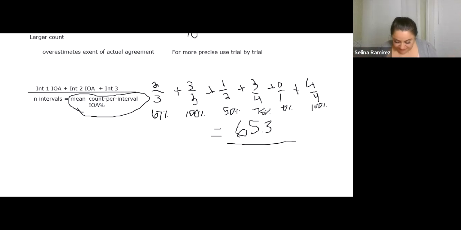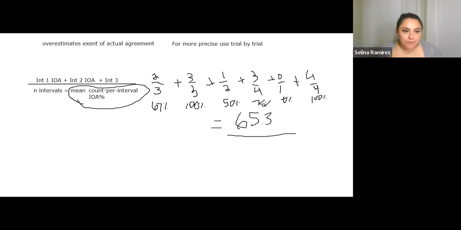Okay, so now it's telling us to use that same example to get the exact count per interval IOA. So now let's go look at the formula for exact count. Okay, so now we're going to go into exact count.